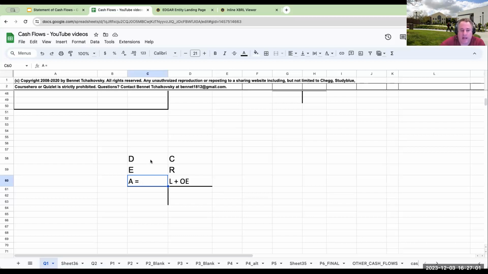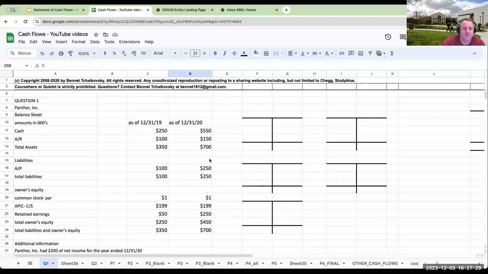Assets will typically have debit balances. This is DC, nation's capital, crazy stuff happens: Washington, debit, credit, Washington, DC. Assets typically have debit balances. They are increased with debits and decreased with credits. Liabilities and equity accounts typically have credit balances. They are increased with credits and decreased with debits. We record expenses generally with debits, revenues generally with credits.